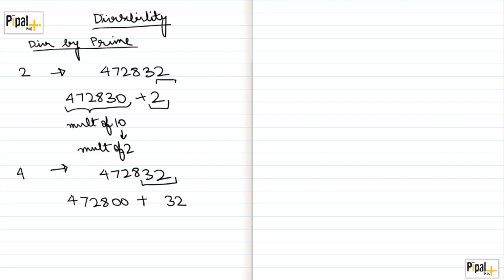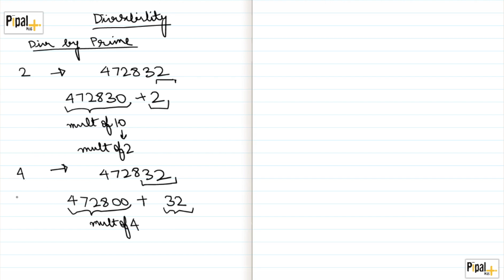Now just like this number was a multiple of 10 and therefore a multiple of 2, this number this time is a multiple of 100 and therefore a multiple of 4, right? So all I got to do is check whether this number is divisible by 4 or not, because a multiple of 4 plus a multiple of 4, the entire thing becomes a multiple of 4. A multiple of 4 plus a non-multiple of 4, the entire thing becomes not divisible by 4, right? So the logic here is pretty simple.